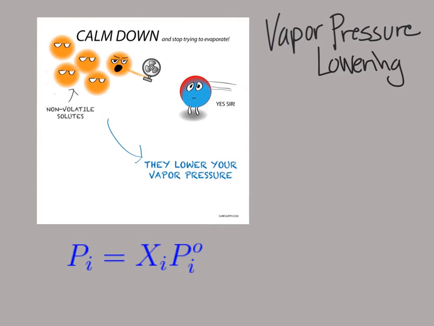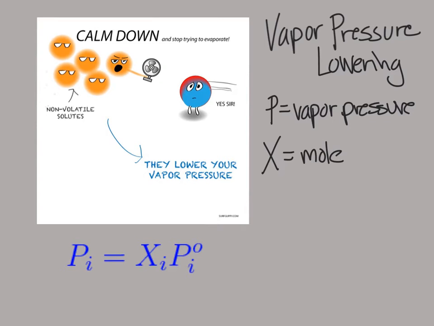So the equation that you're going to need to remember for vapor pressure lowering is P equals X times P naught. The P is the vapor pressure. The X is the mole fraction, here's your concentration. And your P naught is the pure vapor pressure.